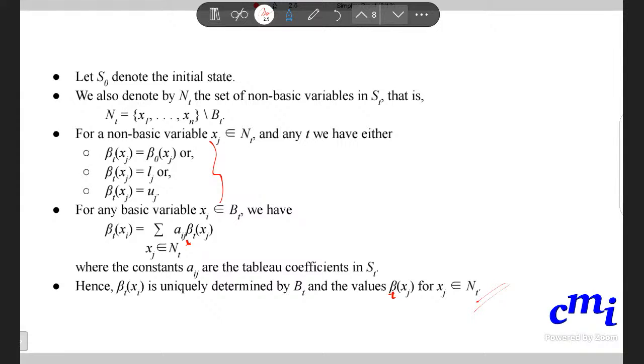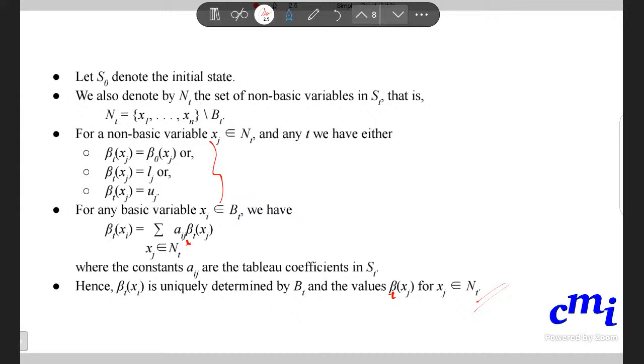It is indeed possible, but if it is, that has to be the basic variable, not the non-basic variable. So this constraint is only for non-basic variables at a particular time. The different possible variables that can assume the role of a non-basic variable is finite.